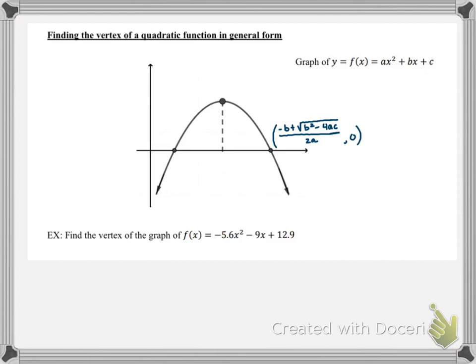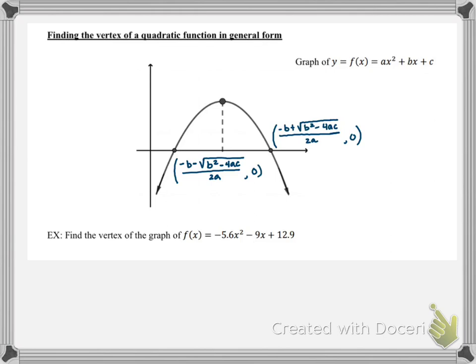And then my second x-intercept is negative b minus the square root of b squared minus 4ac over 2a, 0.